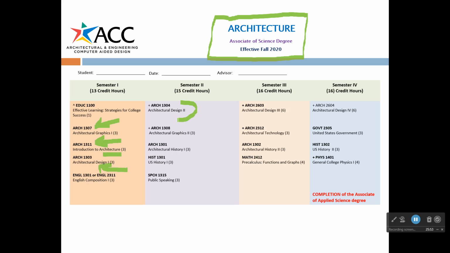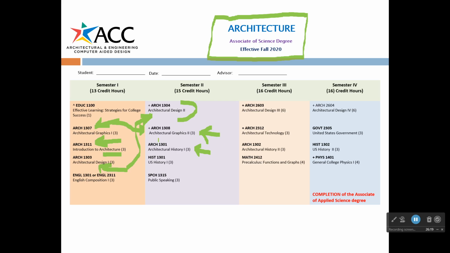The following semester, you have Architectural Design 2, which has a prerequisite of Arch Design 1. You could take Architectural Graphics 2, which also has a prerequisite. Architectural History 1301, that's Architectural History 1, has no prerequisites. And you can take Architectural 1302 before you take 1301 if you want to, which seems weird.